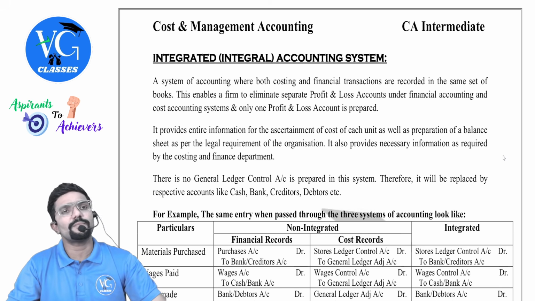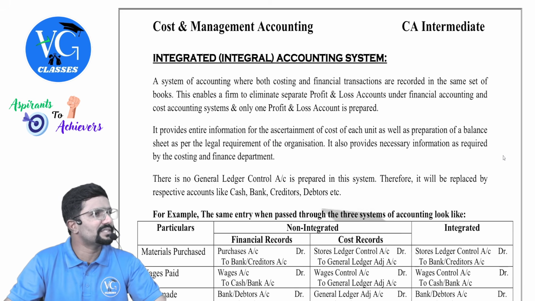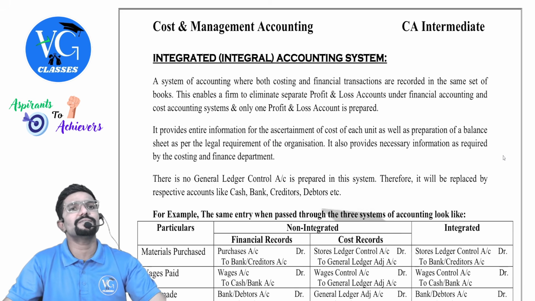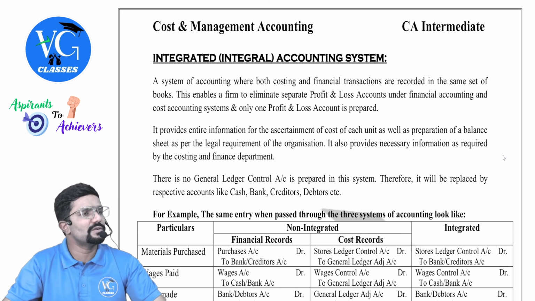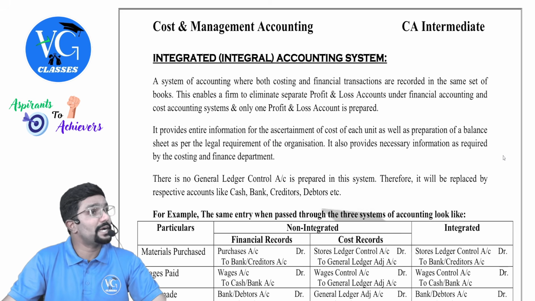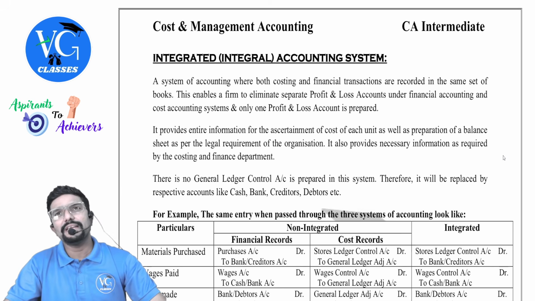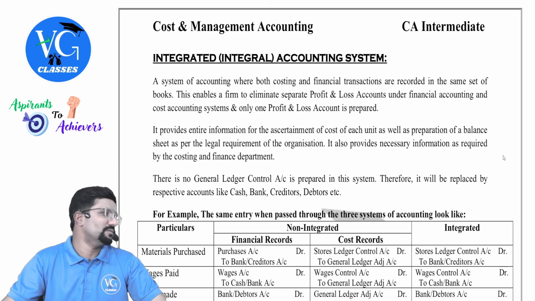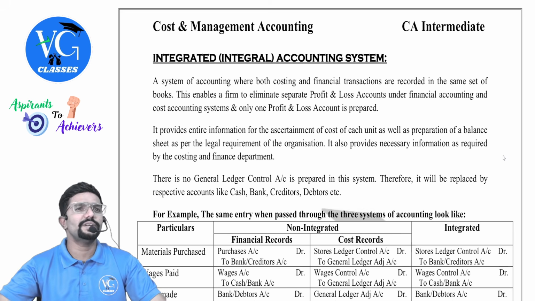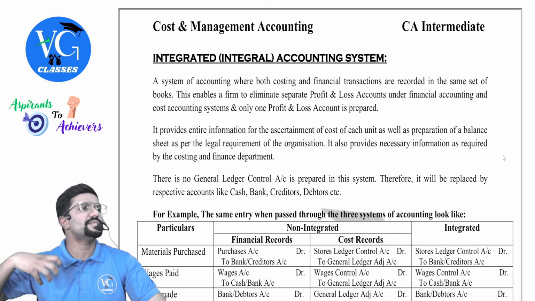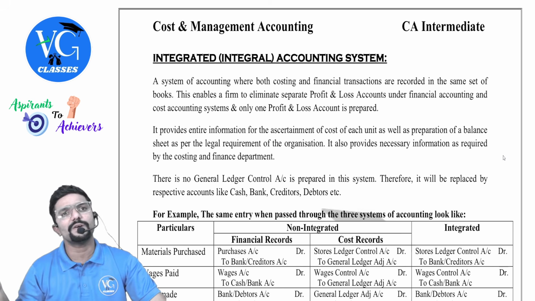Because there are separate standards for costing, the cost accounting standards, whereas there are separate standards for financial, that is the accounting standards or Ind AS. So can we merge both? For academic purposes, yes, that is what we will learn. But in real life, do we follow it? No, not possible, because there are different principles and different standards which we are supposed to follow for maintaining costing as well as financial.